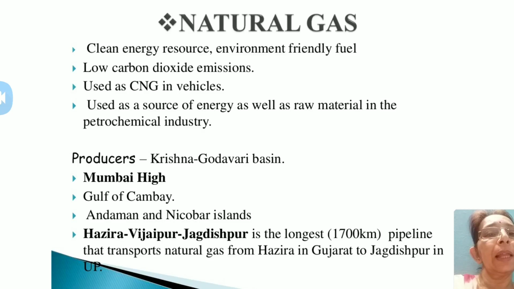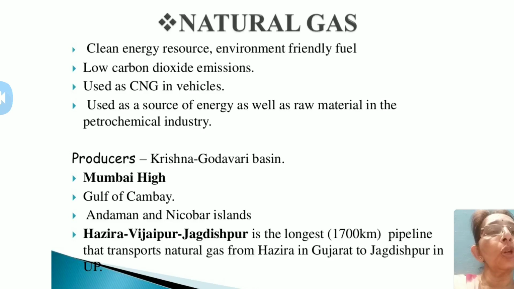Natural gas is a clean energy resource and an environmentally friendly fuel which has low carbon dioxide. It is used as CNG in vehicles, as a source of energy, as well as a raw material in the petrochemical industry.